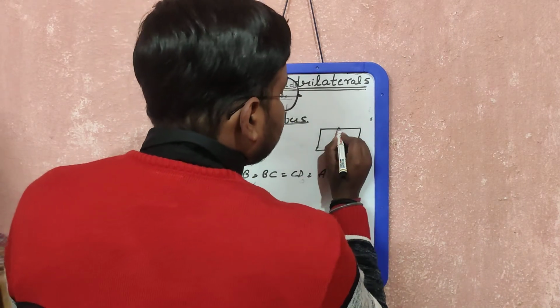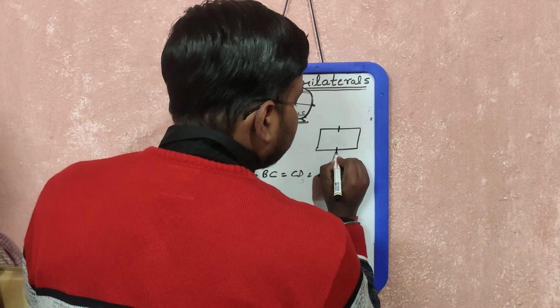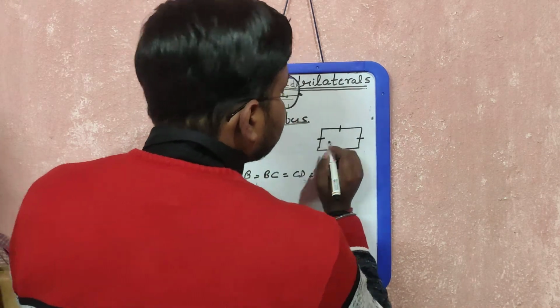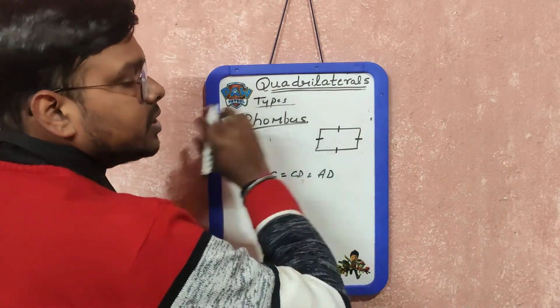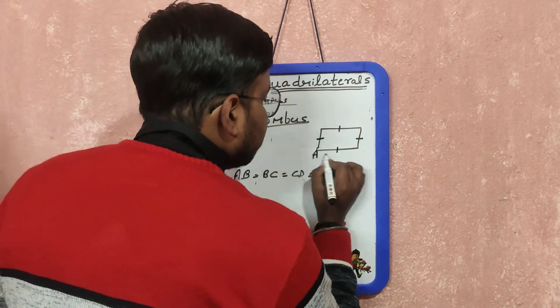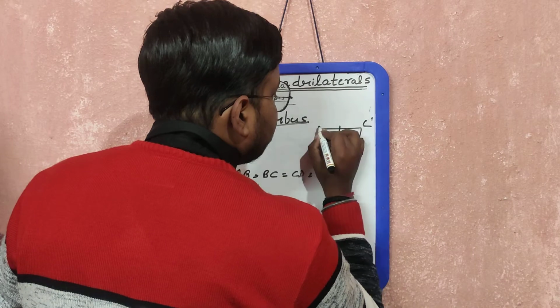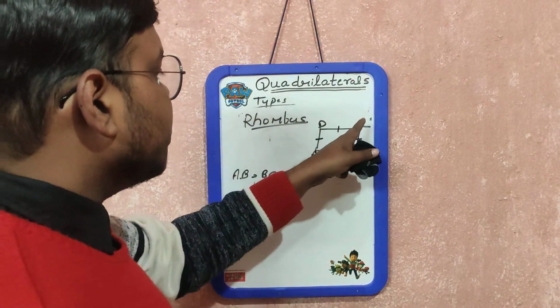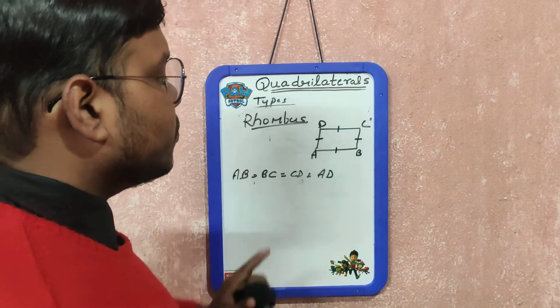Here this side is equal to this as well as this. That means all the four sides are equal to each other. Here also AB is equal to BC is equal to CD is equal to AD.